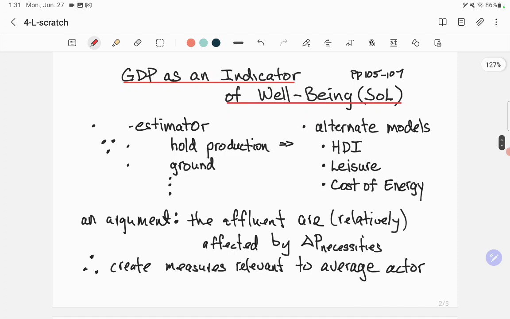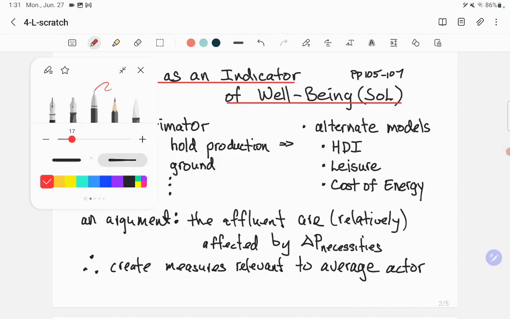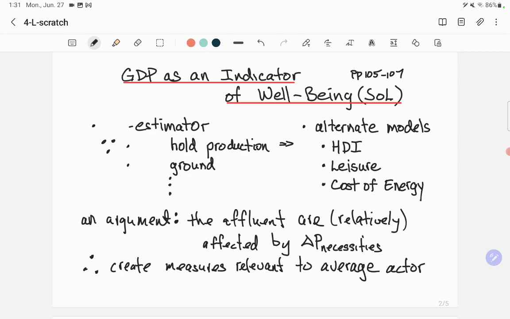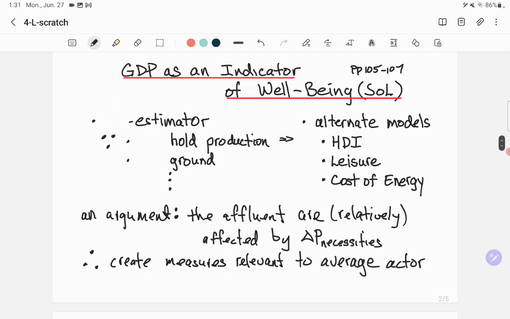Now, GDP as an indicator. If you printed the notes yesterday, you have to cross out this word; it should be the word "overestimates."